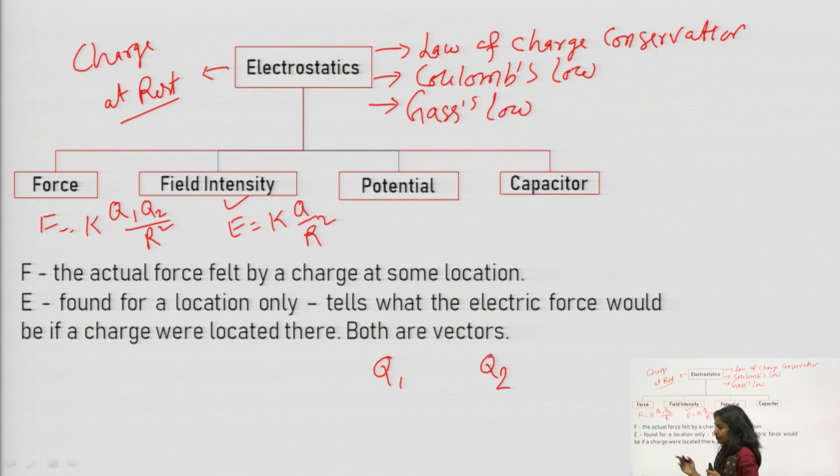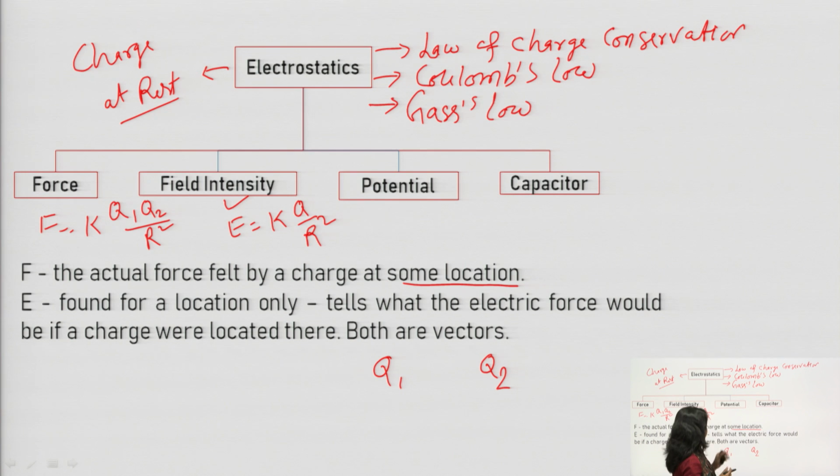One difference is that the force is the actual force felt by the charge Q at some location, whereas E tells what the electric force would be if a charge Q were placed in an electric field E. Both electric force as well as electric field intensity are vector quantities. It means they have magnitude as well as direction.